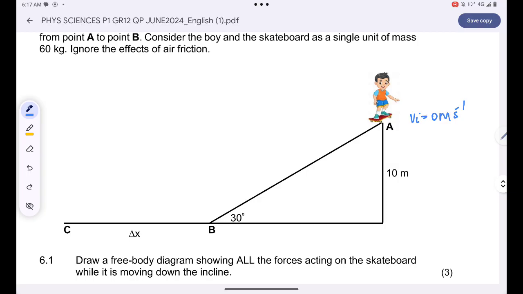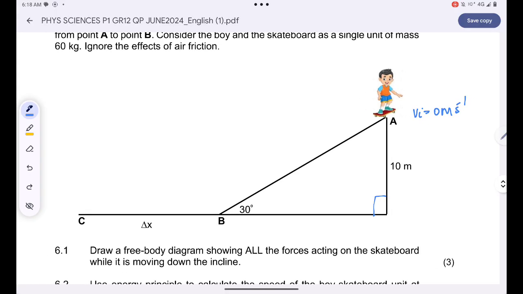For us to be able to do calculations, guys, we must know the distance traveled by the boy from position A to B. But luckily, we do know trigonometry. There is a trig ratio that relates the side opposite to the angle and our hypotenuse.